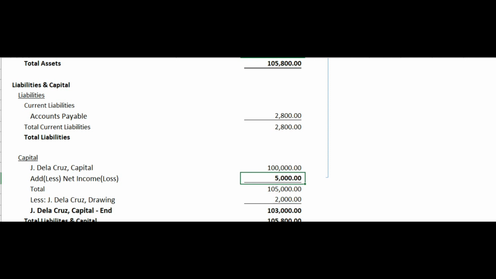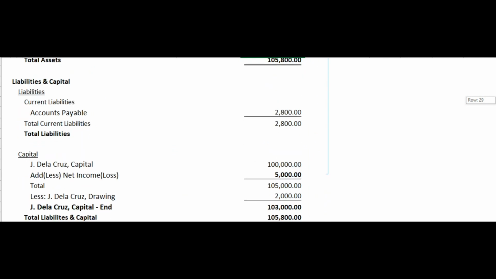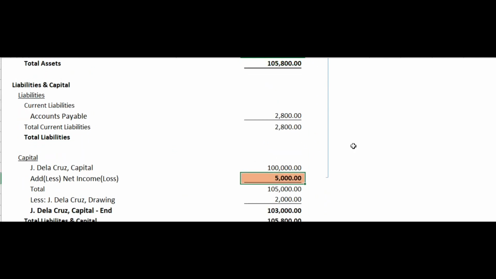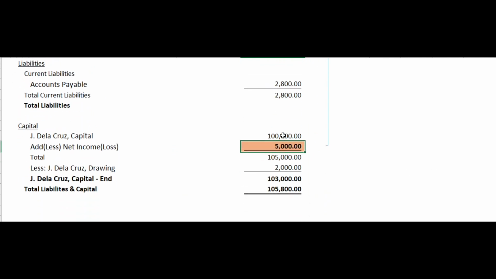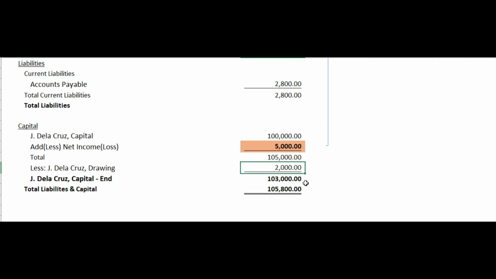Etong net income natin galing sa 5,000 sa taas. Okay? Kulayan natin para mas ma-appreciate. To add emphasis. 100,000 plus 5,000 is equals to 105,000. Okay? Total. Yan, total. I-less natin yung drawing, yung winidraw ng owner. So, meron pa tayo 103,000.